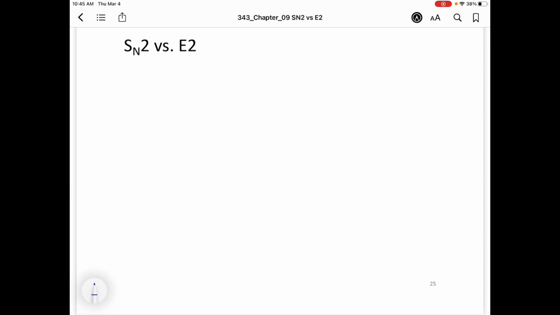Let's walk through two different experiments here. We're going to take 2-bromopropane, all right? Now, this isn't chiral, so I'm drawing everything just in lines, but you could also draw a wedge or a dash on, well, any of these substituents, either the methyls or the bromine.